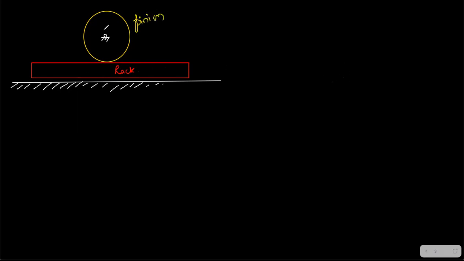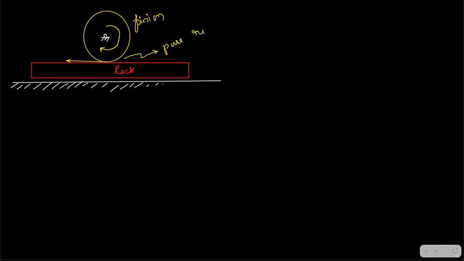Rack and pinion arrangement. Suppose the pinion is rotating in this direction, clockwise. So imagine the arrow. The direction at the point of contact is this, and here you'll have pure rolling action.